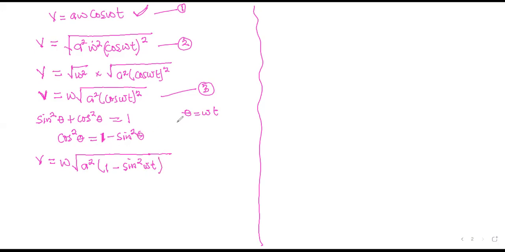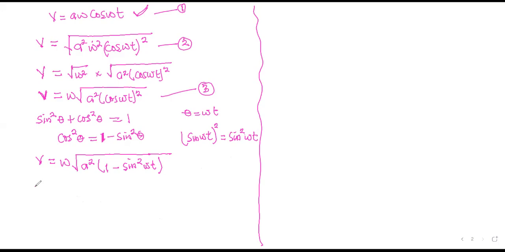I'm just substituting theta for omega t. Are we okay with this? Yes, sir. Sine omega t squared is the same as writing sine squared omega t. The value is the same, even though we have done redenomination.